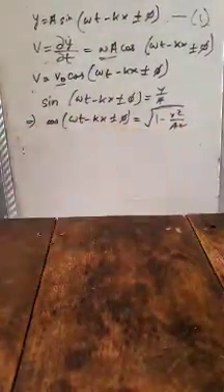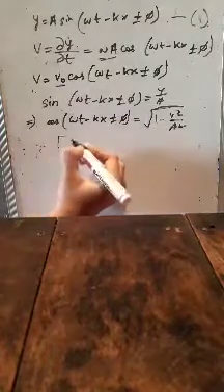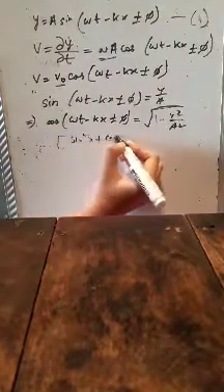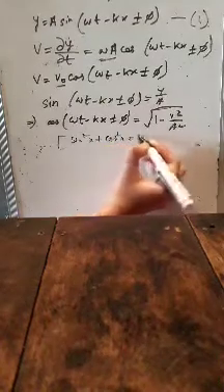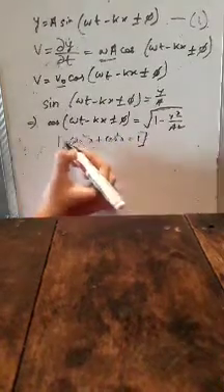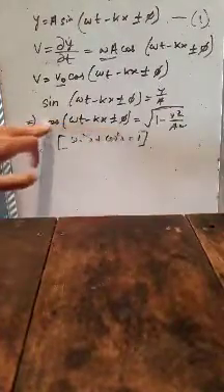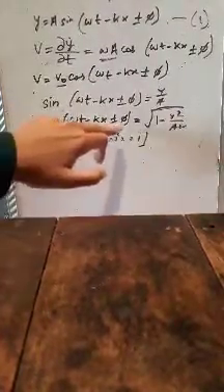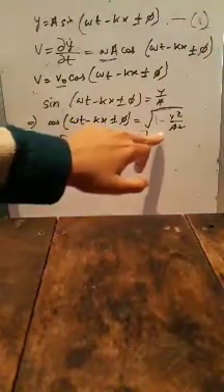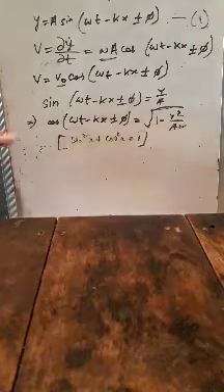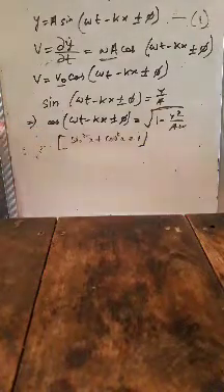Why? Because in maths, I hope you have learned the formula sin square x plus cos square x equals 1. Using this formula, you can find the value of cos of (omega t minus kx plus minus phi). Is it clear? I think this part is okay for all. It is just the mathematical calculation.